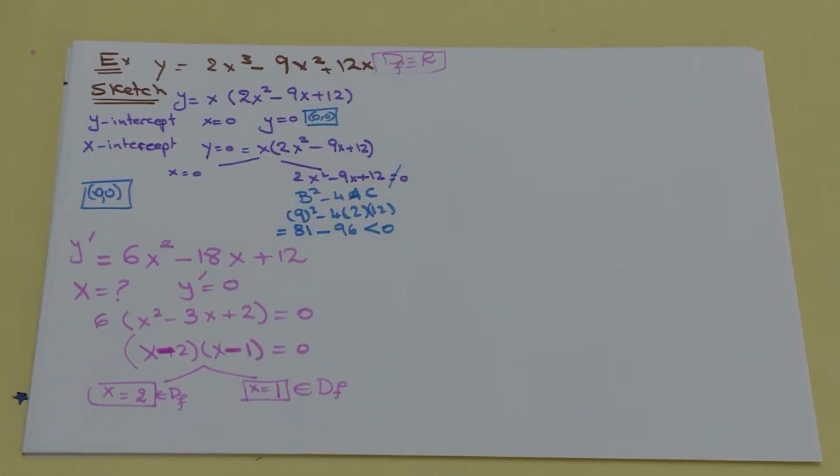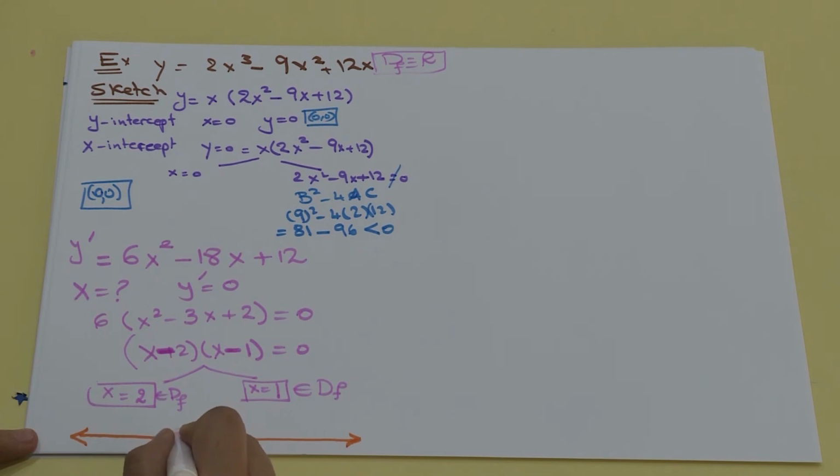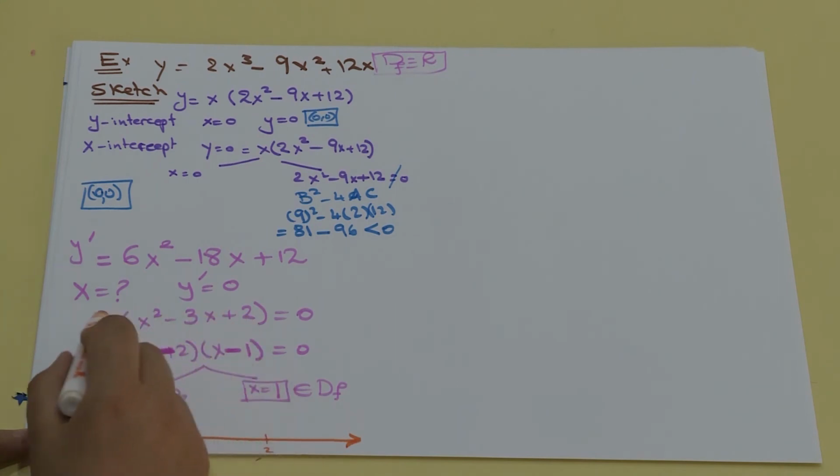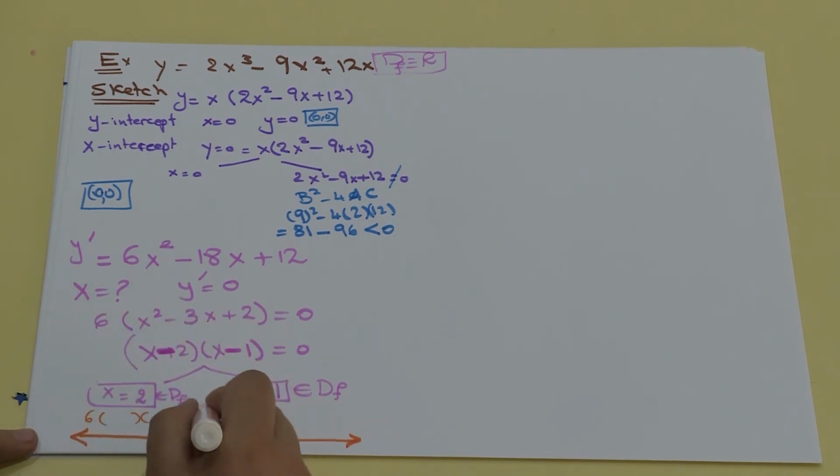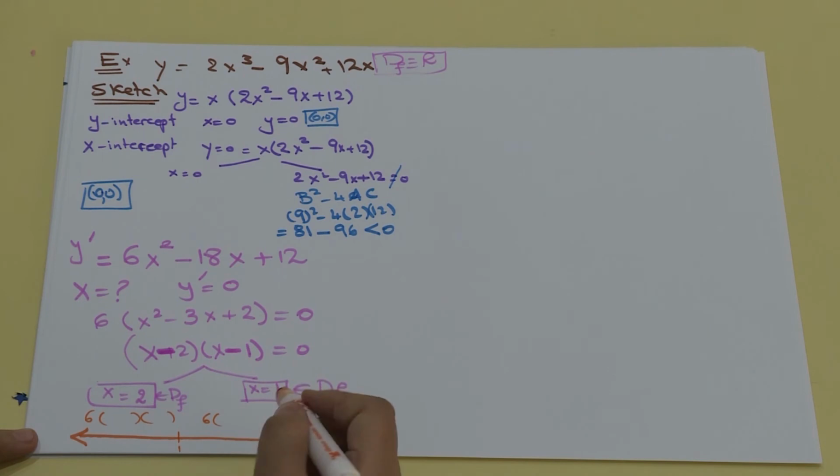Good. Now, what should I do with these values? I take them and I put them on the real line, and I study to the left and to the right of each of these values. I have 1 and I have 2. So I have 2 brackets. The first derivative is 6 times 2 brackets.